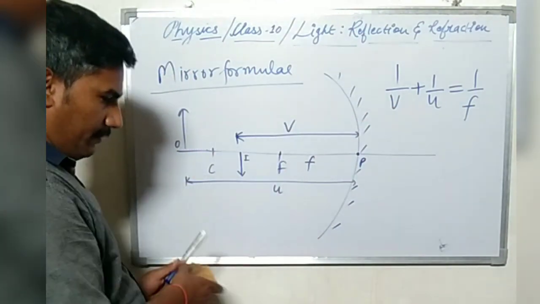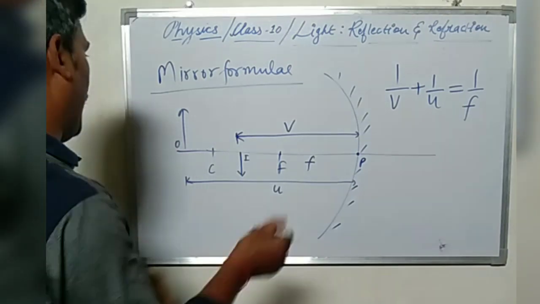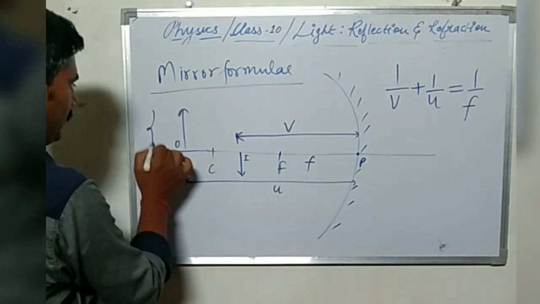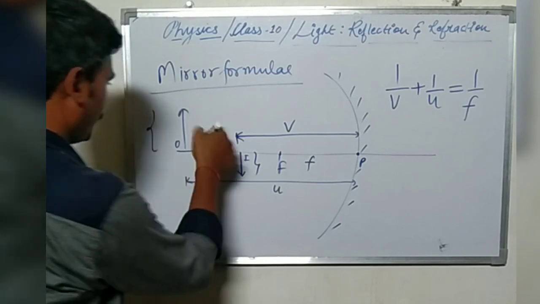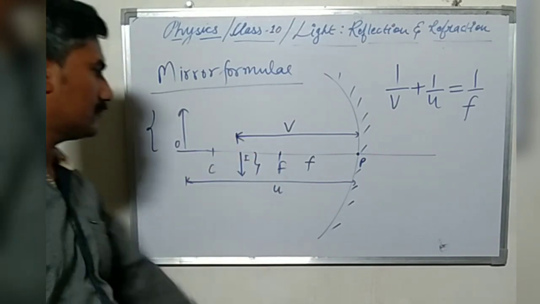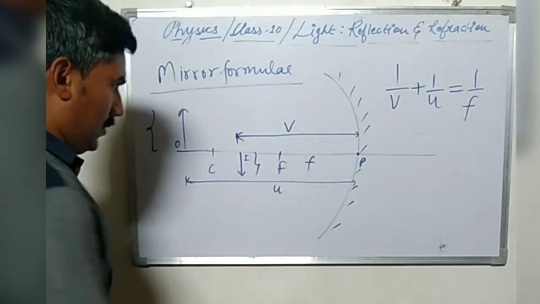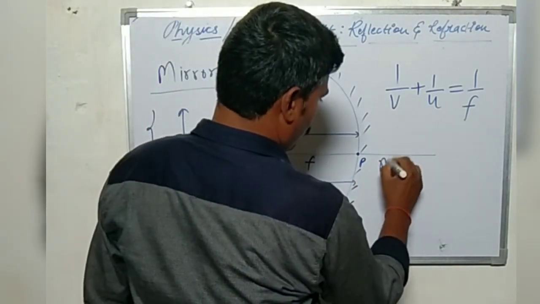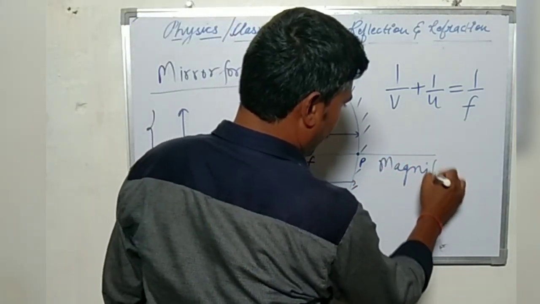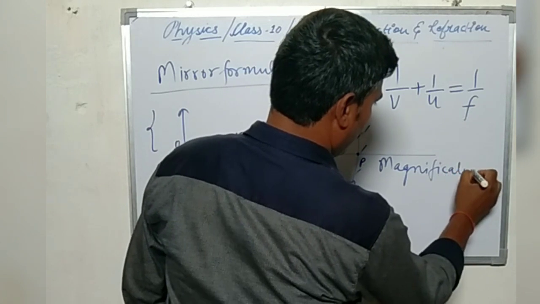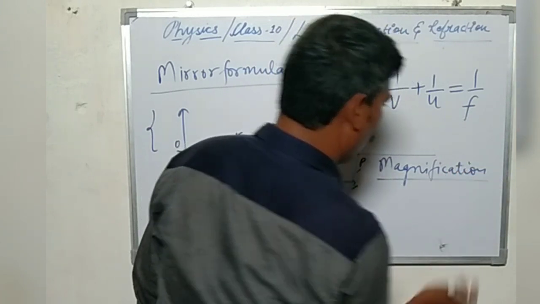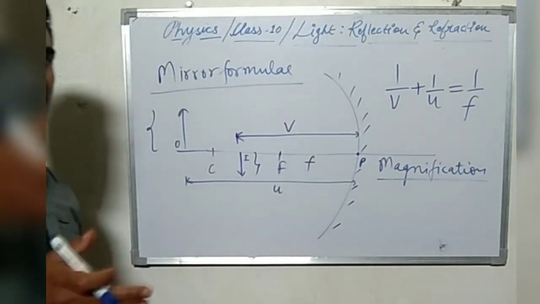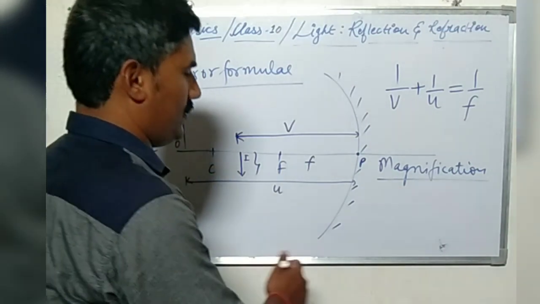So we have discussed the mirror formula also, and since we have a certain height of the object and image, there is also a formula of magnification, which tells us how magnified or diminished the image formed is.